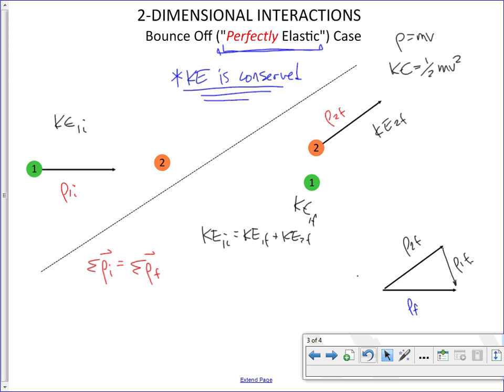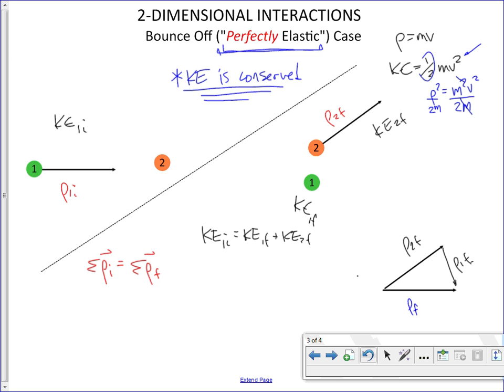Now notice, if we were to take momentum and square it, we get m squared v squared. Right, well, here's something with v squared. Well, if we were to divide it by 2, and then divide it by m, and divide it by m.